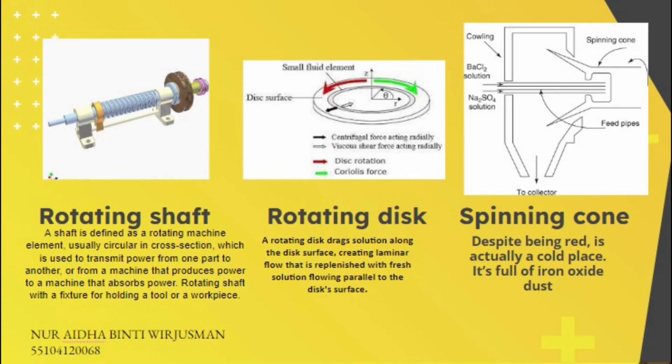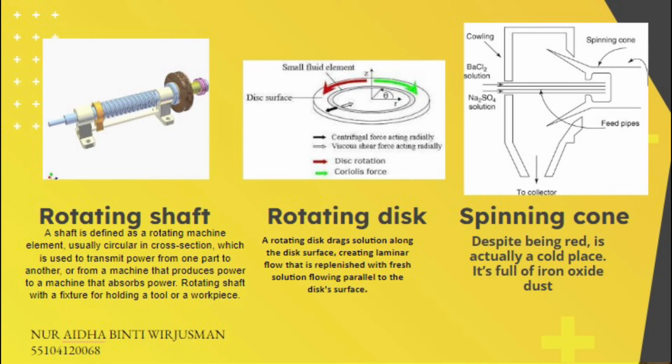Next, the function of the rotating shaft is defined as a rotating machine element, usually circular in cross-section, which is used to transmit power from one part to another, or from a machine that produces power to a machine that absorbs power. Shafts are to be distinguished from axles, which also support rotating members but do not transmit power. Rotating shaft with a fixture for holding a tool or a workpiece.